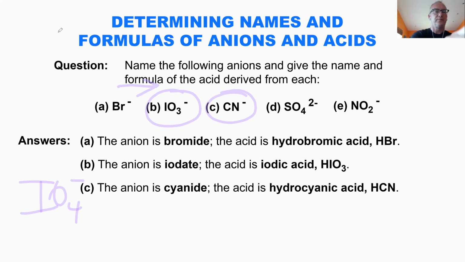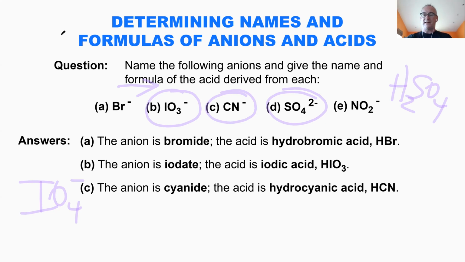So we pretty much know that that's sulfate, right? That's a super common polyatomic ion. There's a ton of different sulfate compounds out there. So if we add H2 to it, since this is -2, we need 2 hydrogens to balance it out.